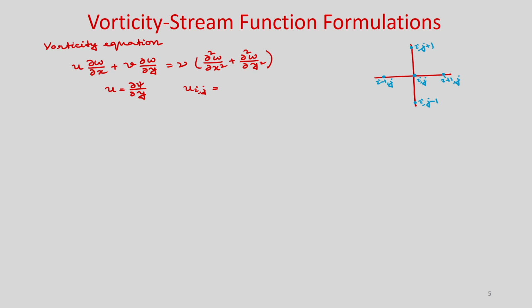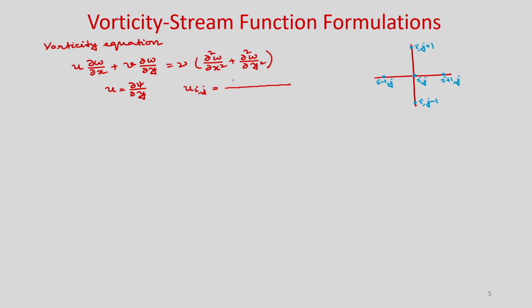So, we will use central difference. So, you can write psi(i,j+1) minus psi(i,j-1), and the distance between these 2 points is 2 delta y. Okay. So, this is your u(i,j).